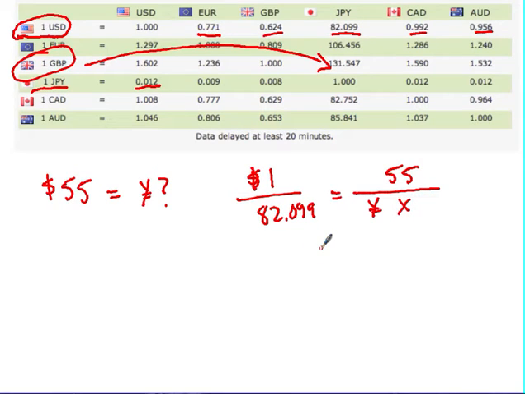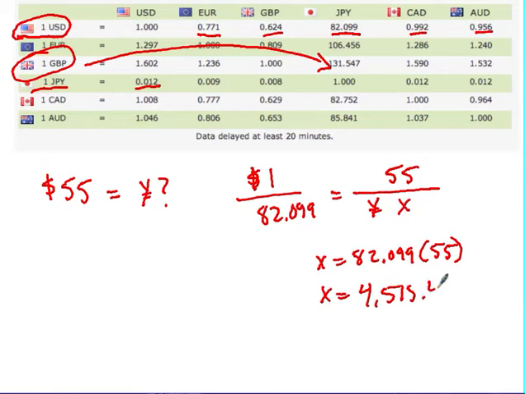In order to do this, remember you cross multiply, so that'd be x equals 82.099 times 55. And so this would cost 4,515.45 yen. So whatever this $55 thing was, they would have to give you 4,515 yen.